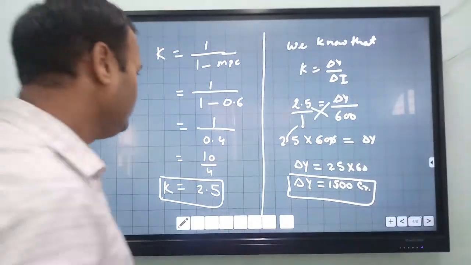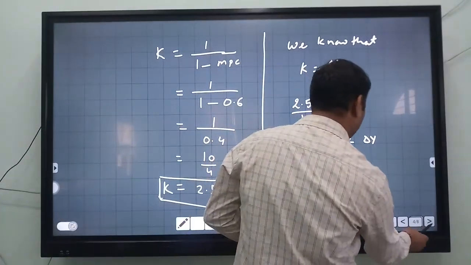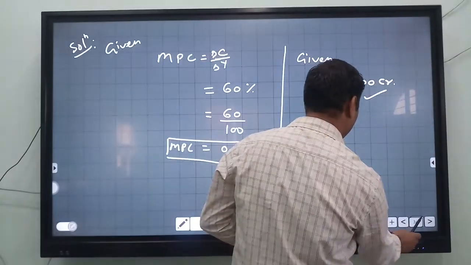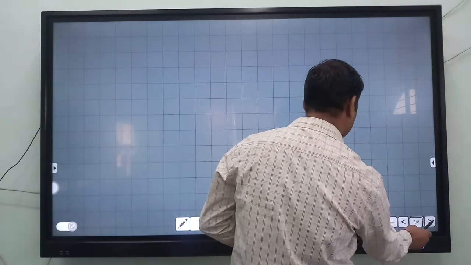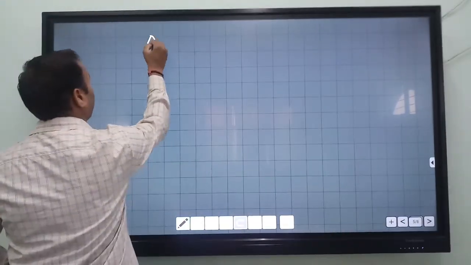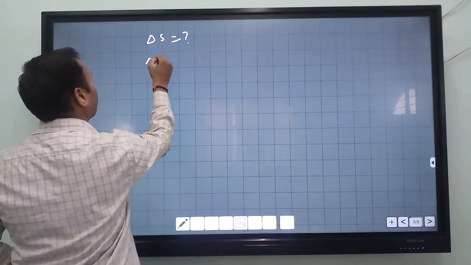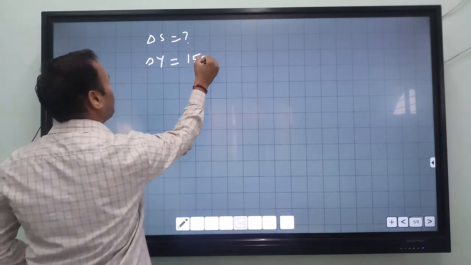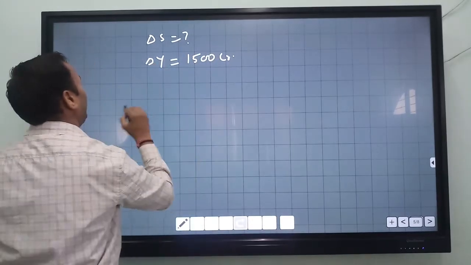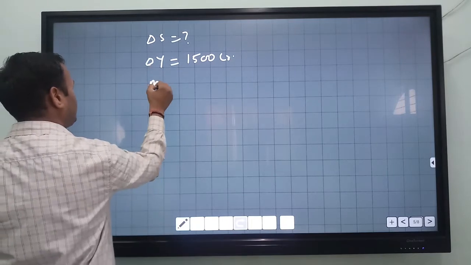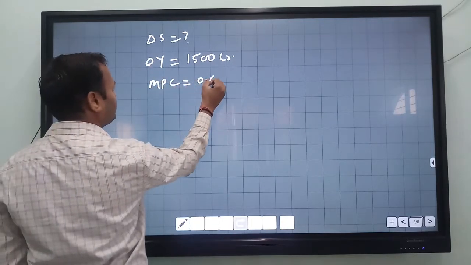Now the second question is we have to calculate delta S. We already calculated delta Y is 1500, and MPC is 0.6.